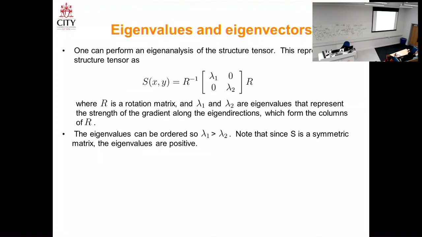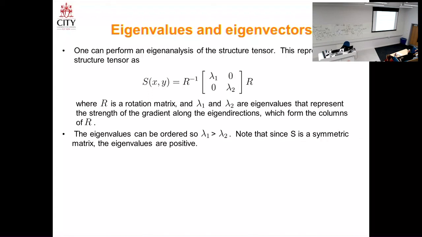To find the corners, we need to do an eigenanalysis of the structure tensor. Essentially, it represents the structure tensor in terms of a rotation matrix, which encodes the orientation of the edge. Then we've got these eigenvalues, which encode the strength of the gradient along the edges, where the edges might have been rotated.